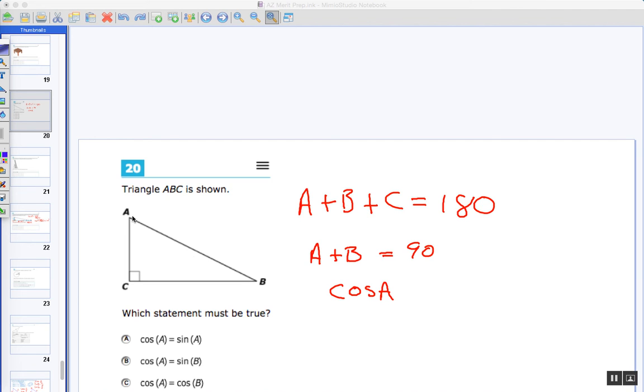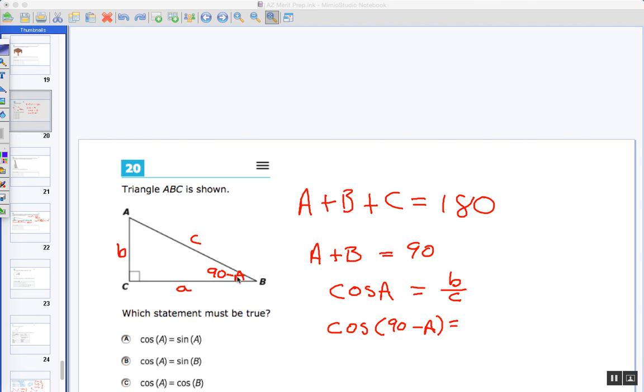So cosine of A, so if this is angle A, this has to be 90 minus angle A. Cosine of 90 minus angle A. So cosine of A is equal to, let me just put in values here, the ratio of its adjacent side to its hypotenuse.